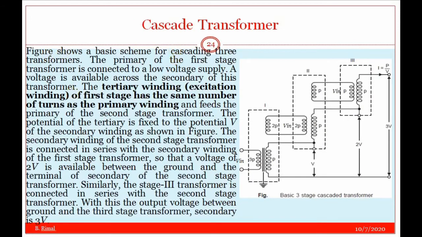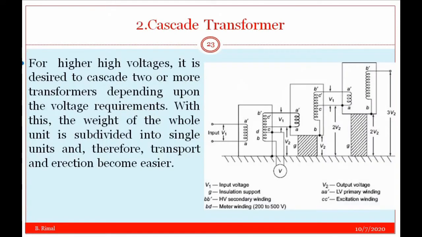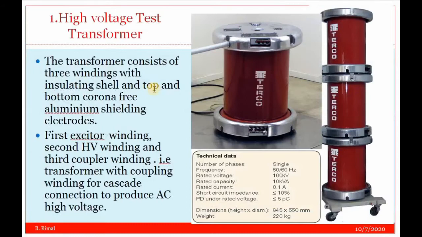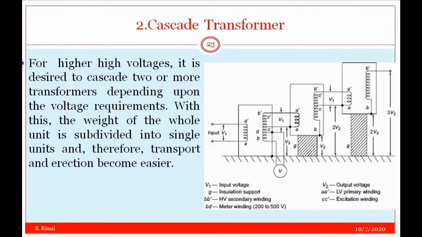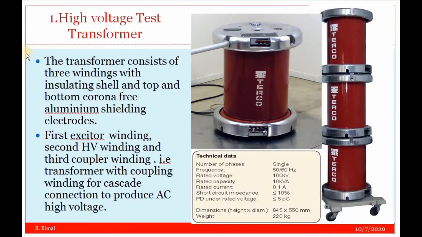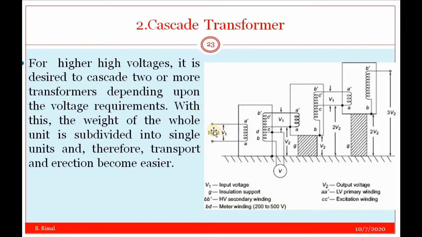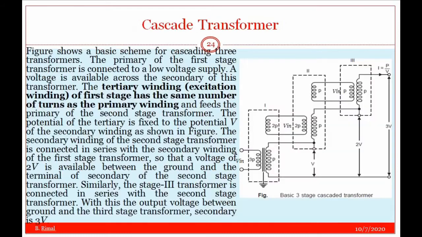This figure is similar to that figure, and ultimately this one is similar to those connections. This is the real figure of the test transformers connected in cascade, and these are the electrical connections. I will discuss the electrical connection from this figure.